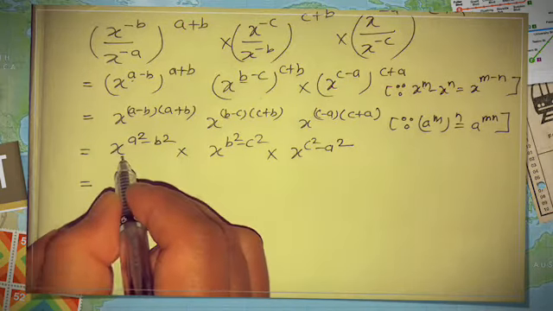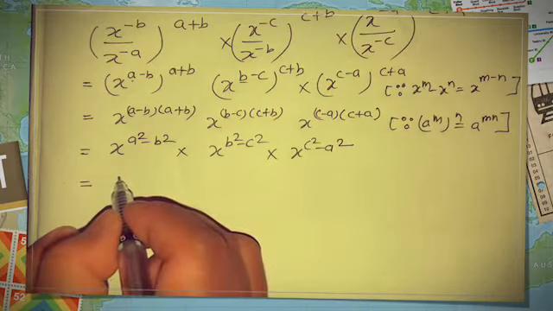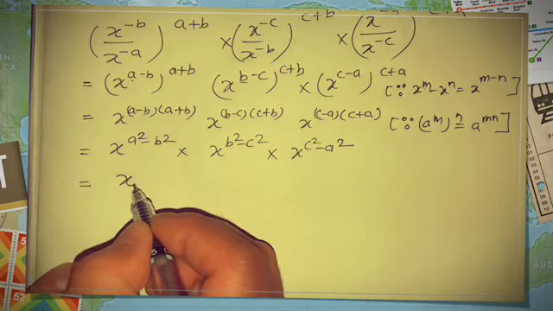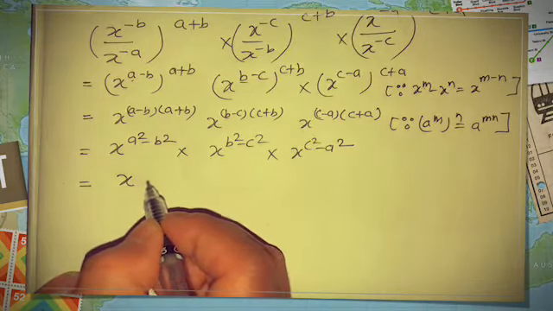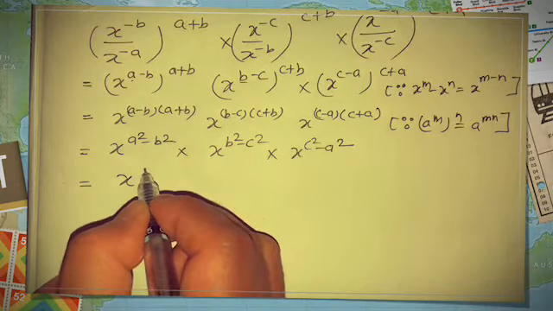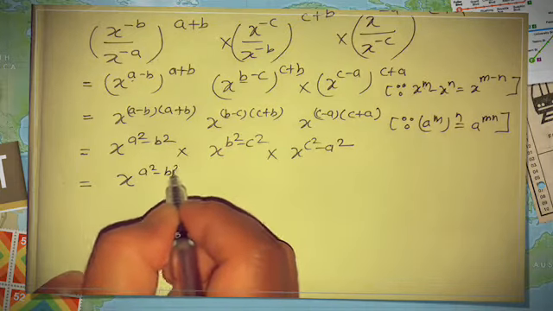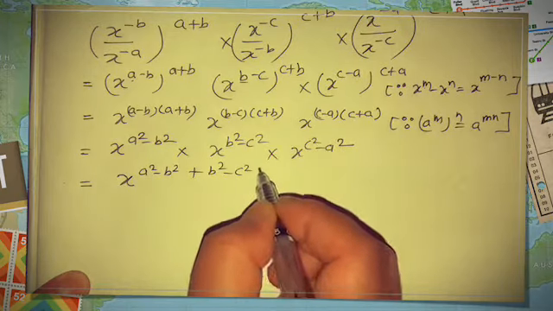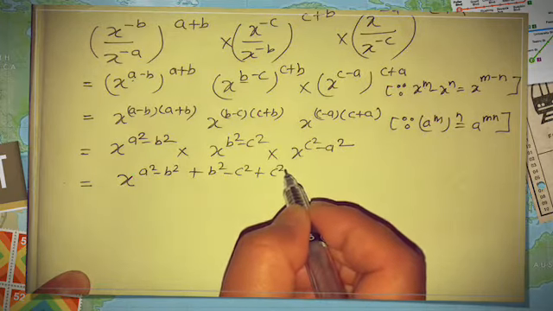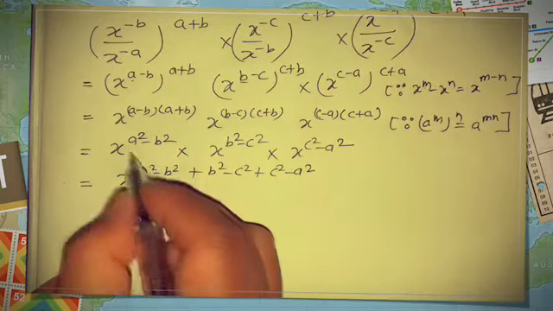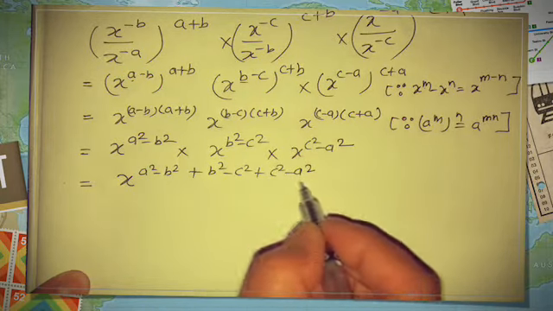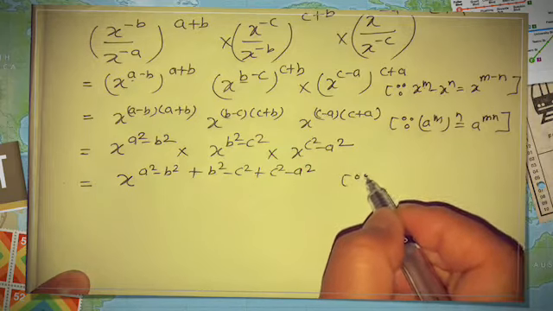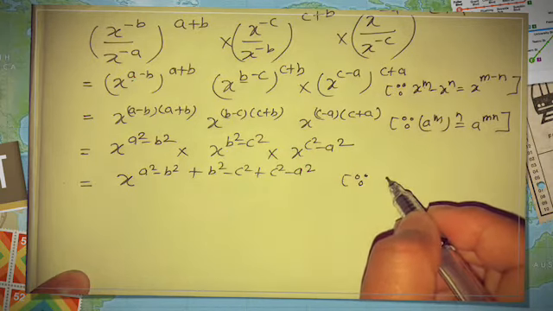Now all the bases are same, so we can apply the law of multiplying indices. So according to the law, powers are added. Okay, b square minus c square. So here we have three powers, they are added by using the law of multiplying bases.